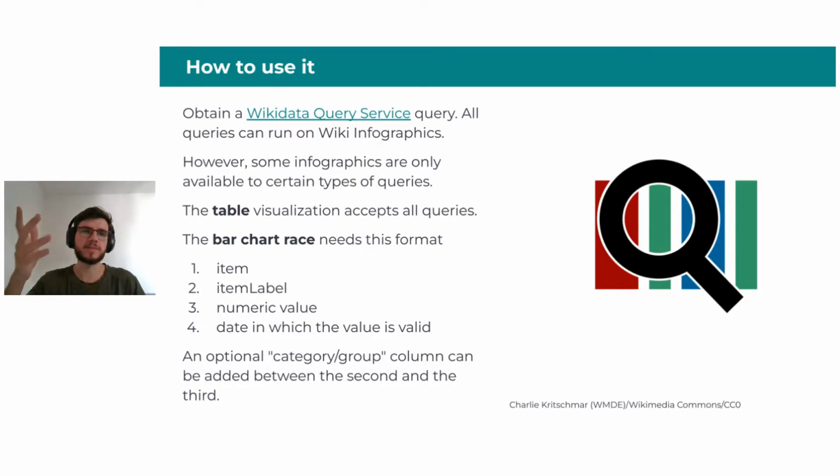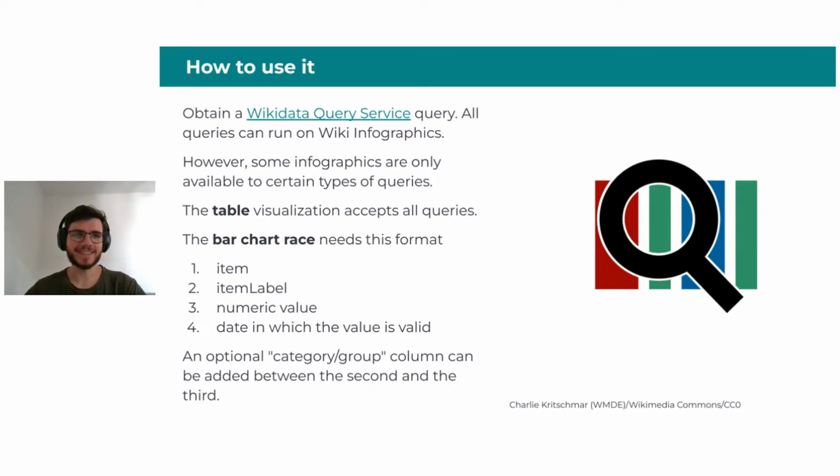So you have an item, a label, and then a category or group label, which will make all the items of the same group have the same color on the bar chart race. So that's the hardest part of using the tool, which is making your query adhere to this format. And once it has this format, the bar chart race will be available for you to use.